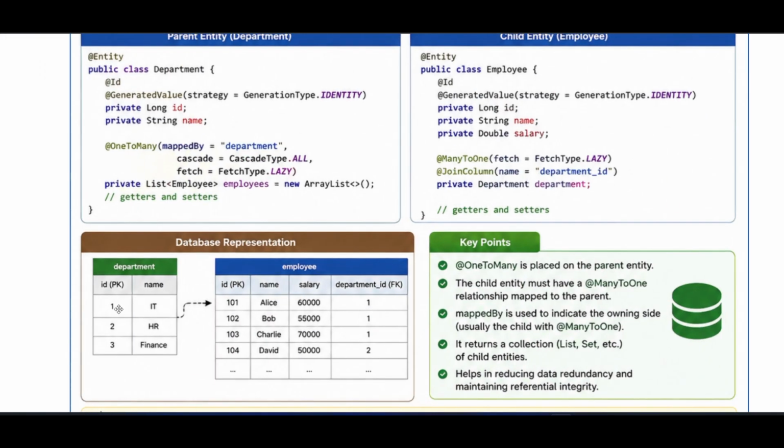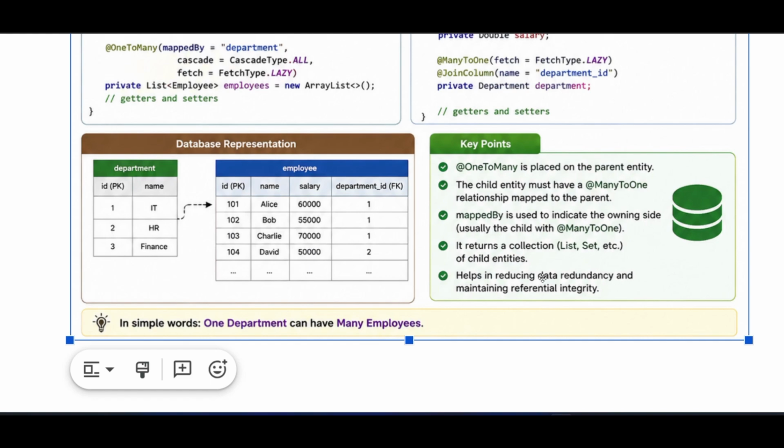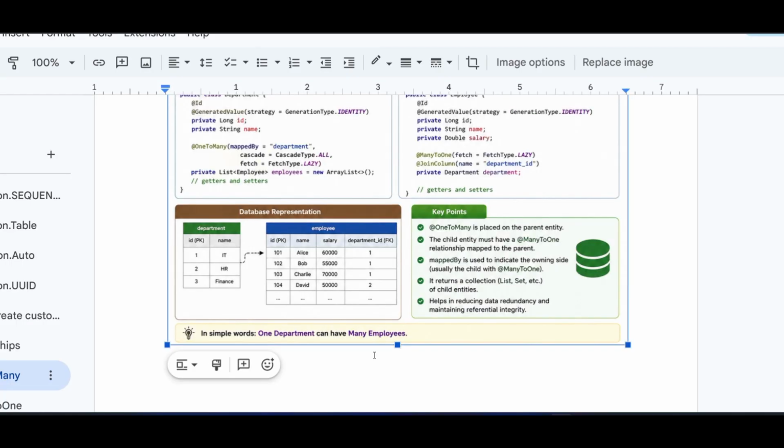It is the ID in department. In simple words, one department has many employees. I know you are confused very much. See the video again and you can understand it better.